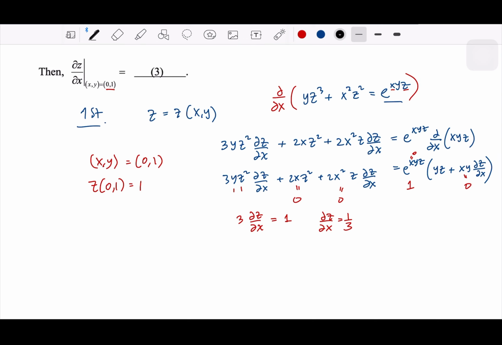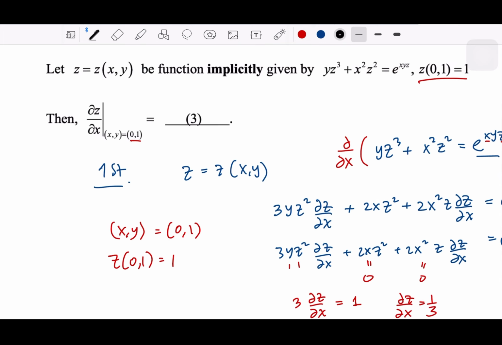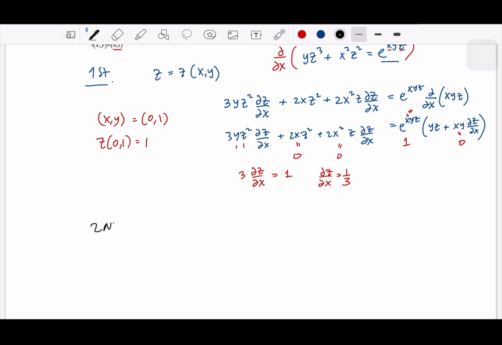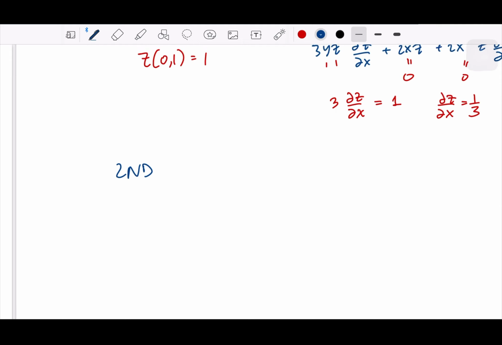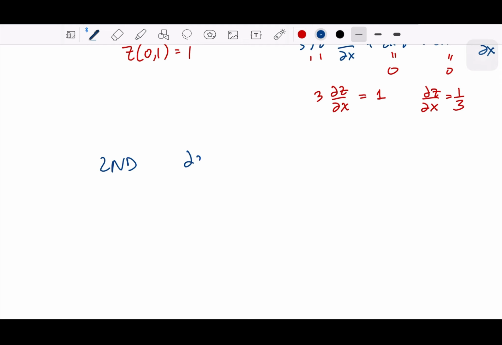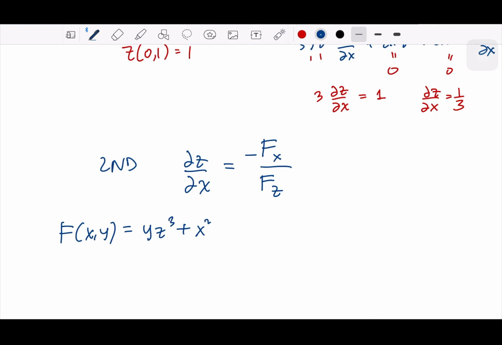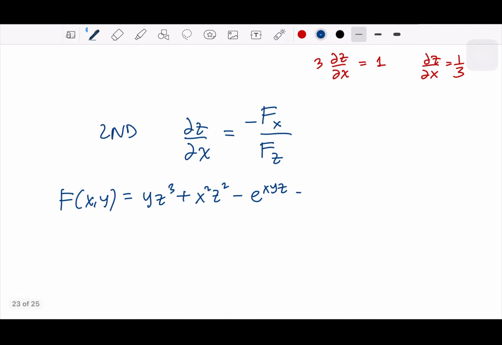Another approach that we might use is the implicit formulation. We are going to have the negative of partial F over partial x divided by partial F over partial z. Let me write the function again: the function is yz cubed plus x squared z squared minus e to the xyz.